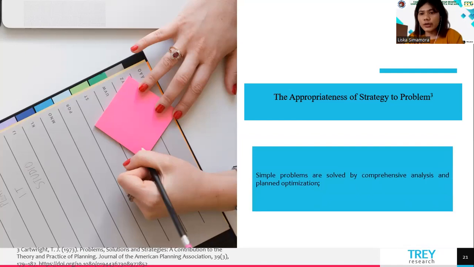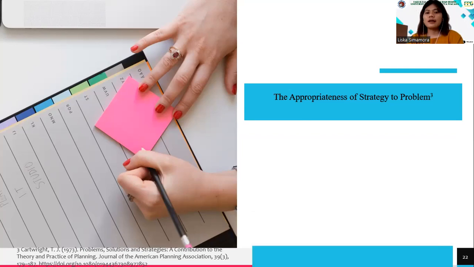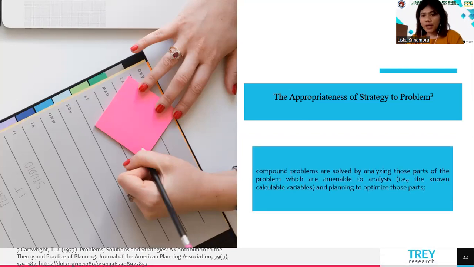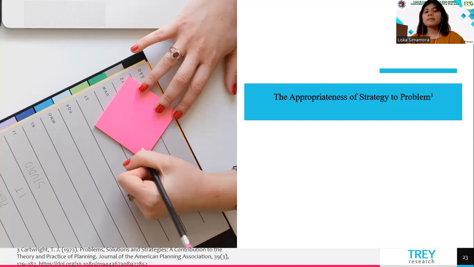So next, actually this one is the explanation of the table. Simple problems are solved by comprehensive analysis and plan optimization. And compound problems are solved by analyzing those parts of the problem which are amenable to analysis and planning to optimize those parts. Okay.